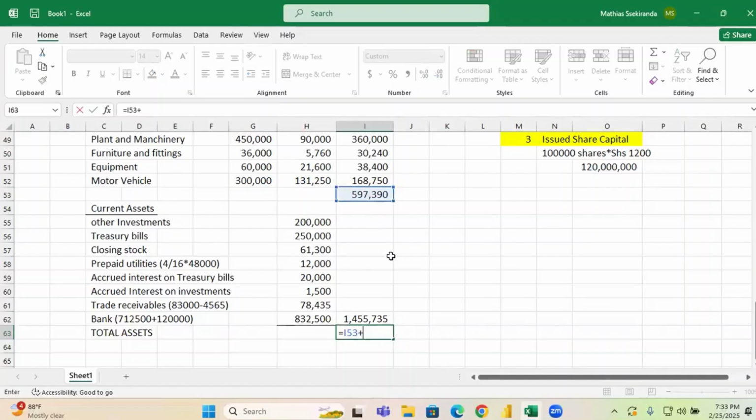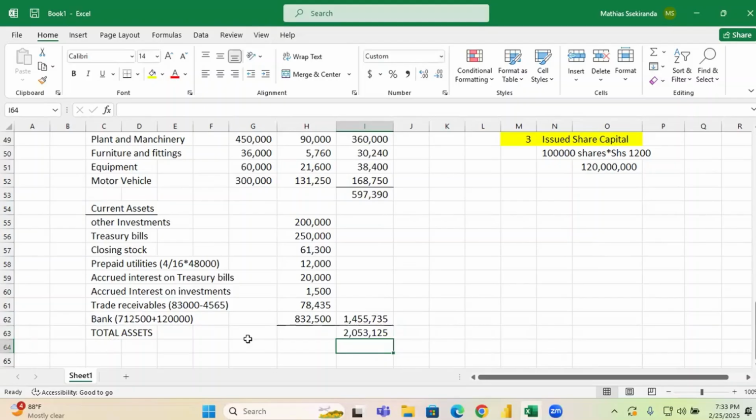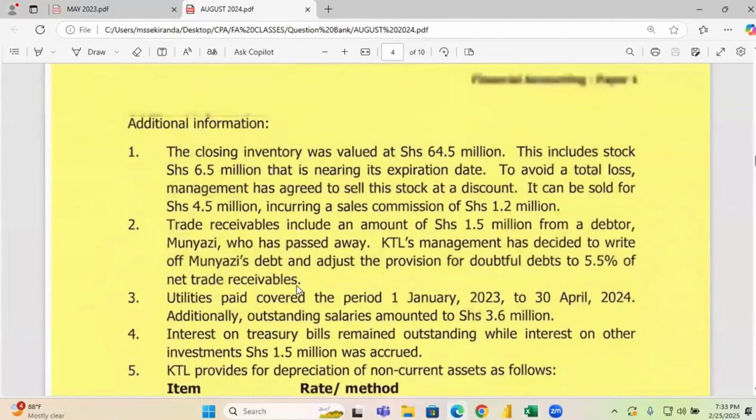So net assets, you add total current and total non-current to get the total assets. Guys, make sure that I'm taking the right figures.